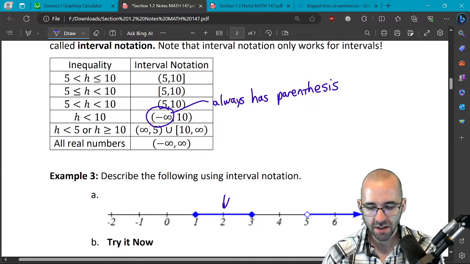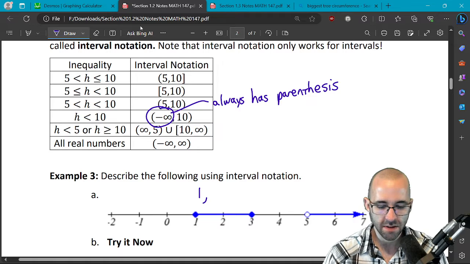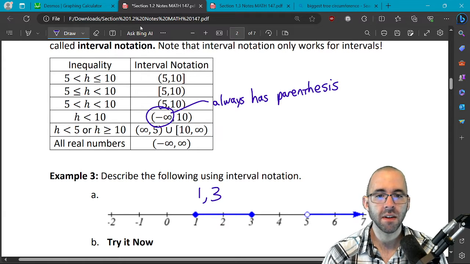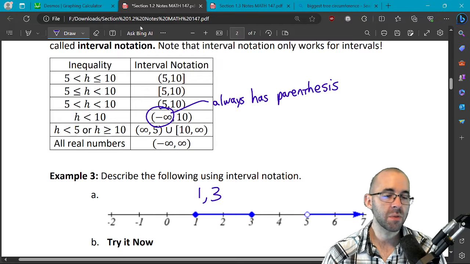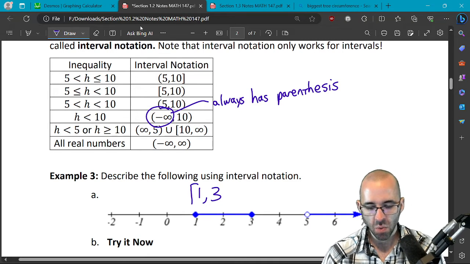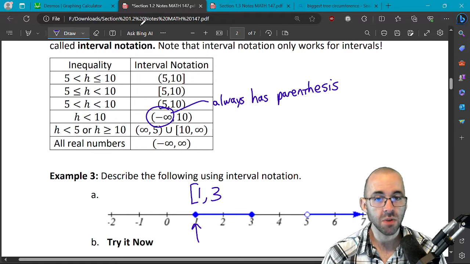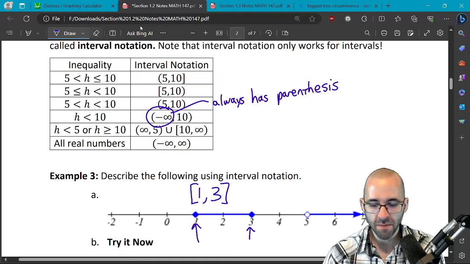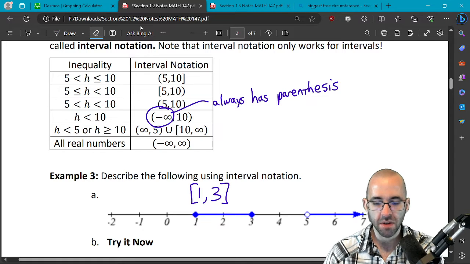This interval right here, smallest number is on the left. So the smallest it can be is 1, comma. Biggest number is on the right. That's a 3. Now we have to decide whether we use parentheses, brackets, or one of each. 1 is included. It's a closed circle, so it's going to be a bracket. And 3 is also included. That's also going to be a closed circle.